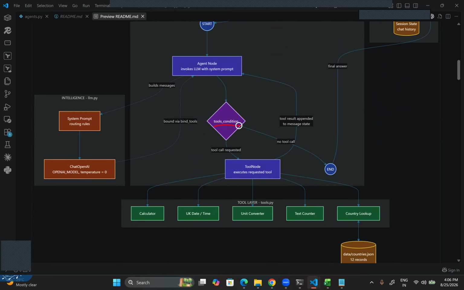The tools condition routes into the tool node, that is, tool call requested. This tool runs the same plain Python functions. And the result goes back into the agent node. So that is, tool results appended to message state.